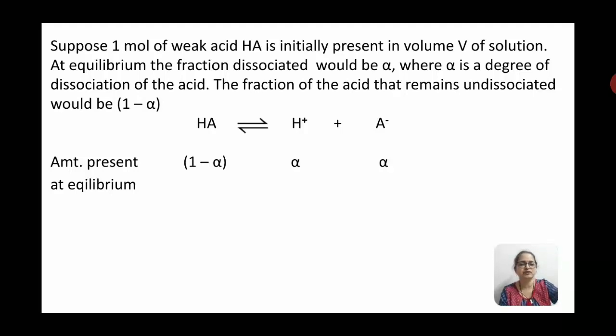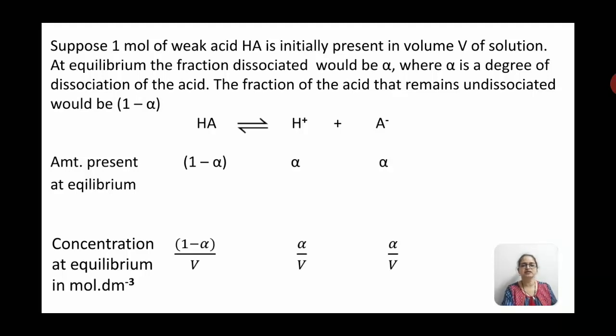Now we are going to calculate the concentration at equilibrium. How to calculate the concentration at equilibrium? If we divide the amount present at equilibrium by volume, we will get the concentration at equilibrium.